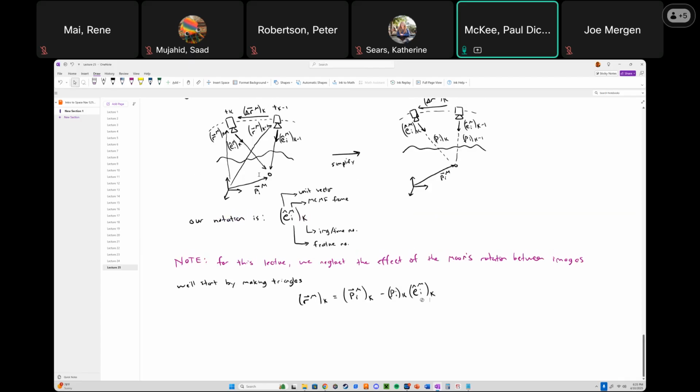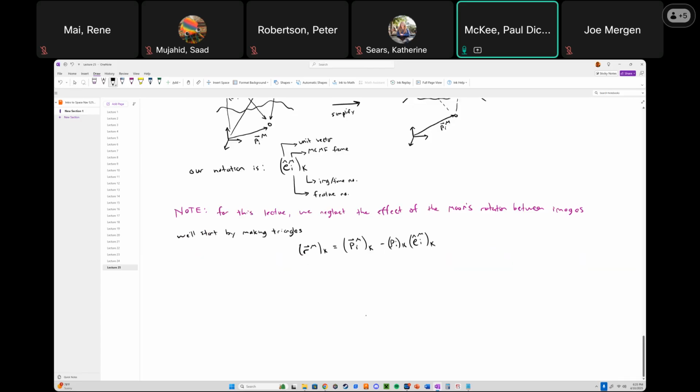Position, direction that we've measured, position of the point. That makes a triangle. Here's our triangle. And we can do this at two different times. We can also say it's further true that R_m at k minus 1 is P_i^m at k minus 1 minus rho_i at k minus 1 E_i^m at k minus 1.